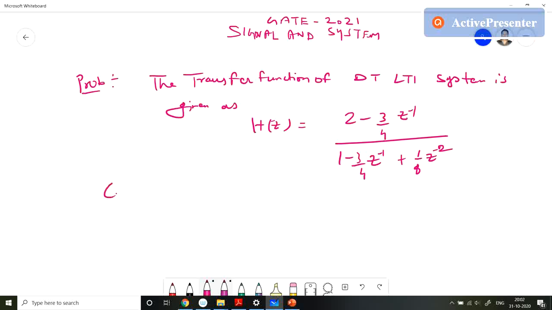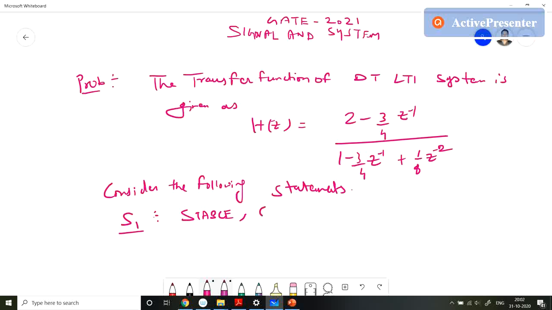Now consider the following statements. The first statement, S1: the system is stable and it is causal for ROC, that is, modulus of z greater than 1/2.